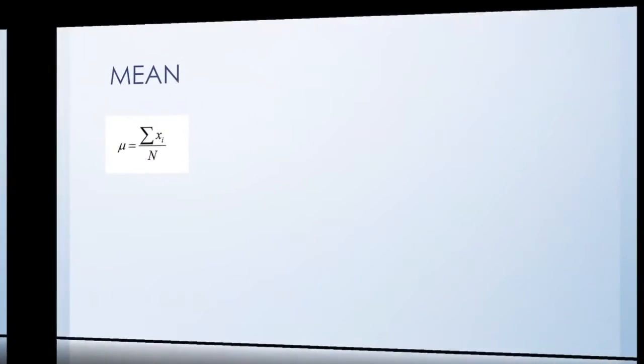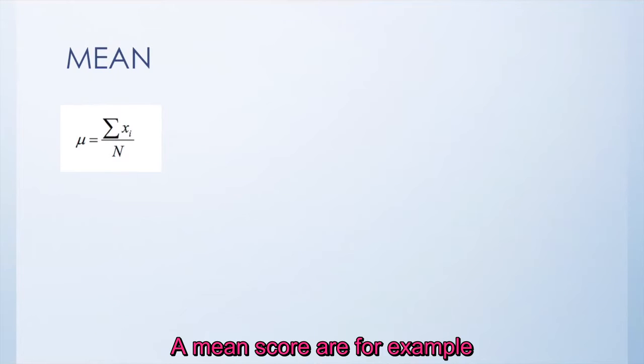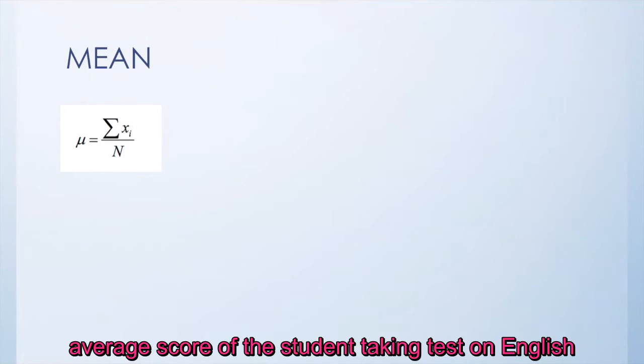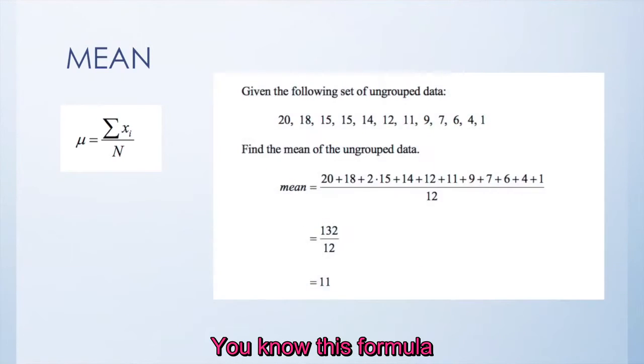What is mean? Or mean score. For example, if you want to know the total score or average score of students taking a test in an English examination, you use the mean, to know which score most students got. You know this formula.